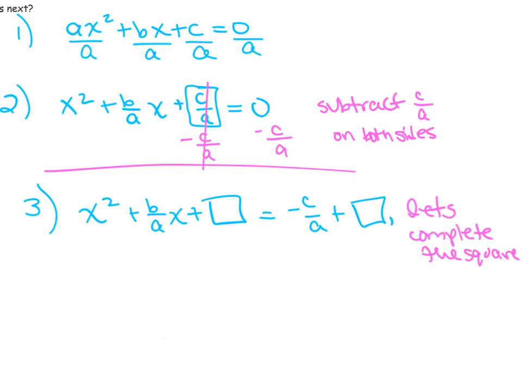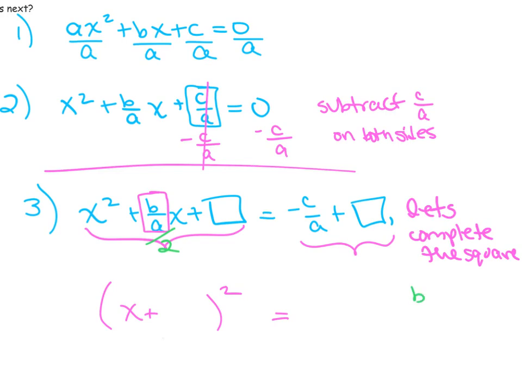When we complete the square, we have x plus whatever it is here, squared, equal to, and then we combine like terms on the right. Remember, when you complete the square, you have the b term. In this situation, that's my b term. So I have b over a, and I want to cut it in half. So I have b over a divided by 2.